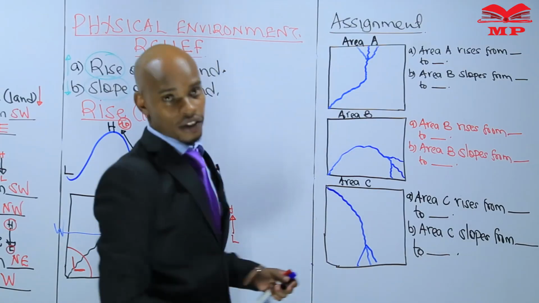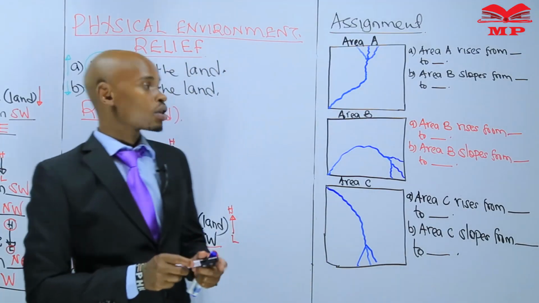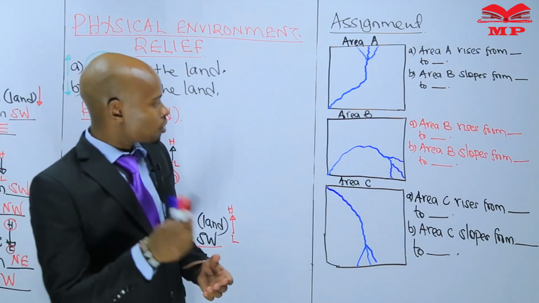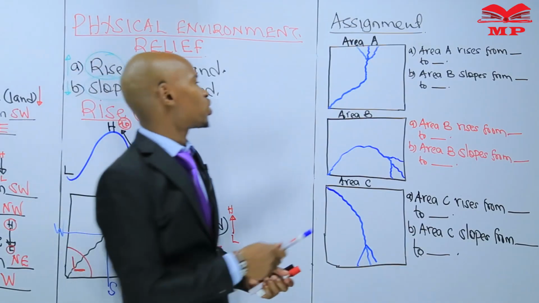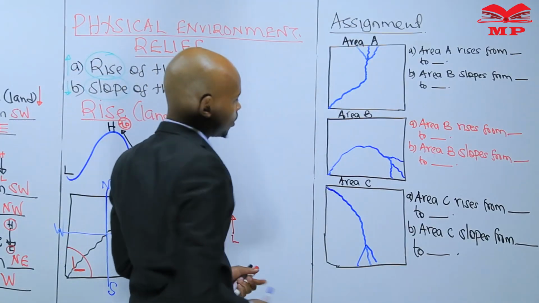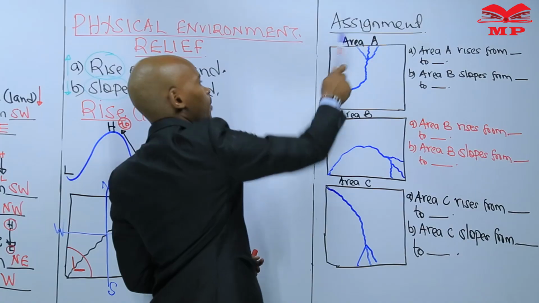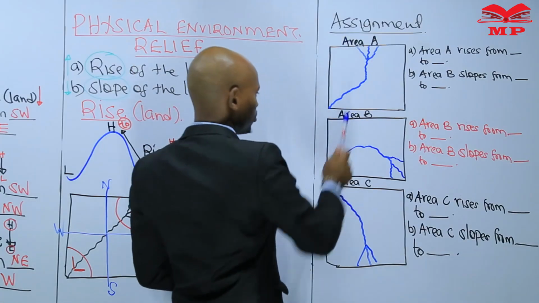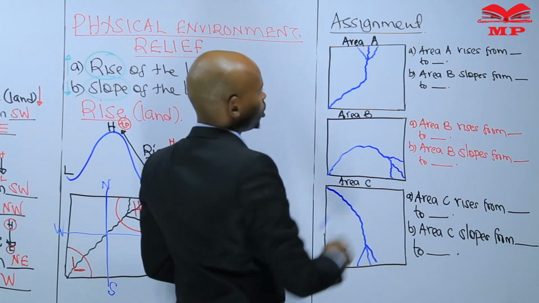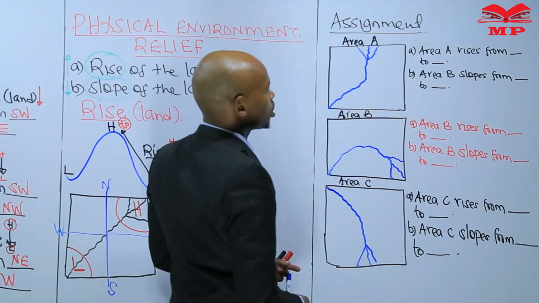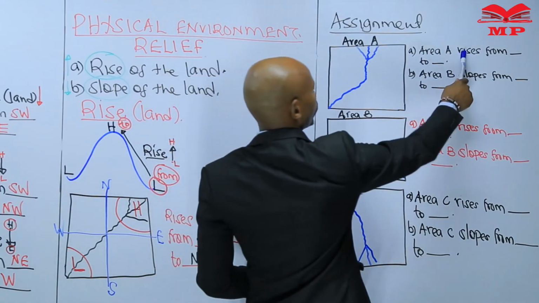Now, those are the questions for you to do back there at home. There are 3 maps, area A, area B, and area C. And for each map I've given you 2 questions, so that you can cover the question of rise and slope.